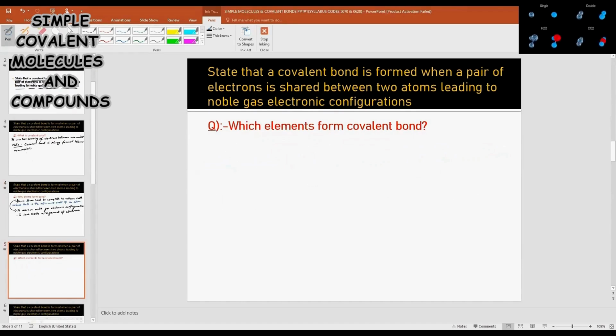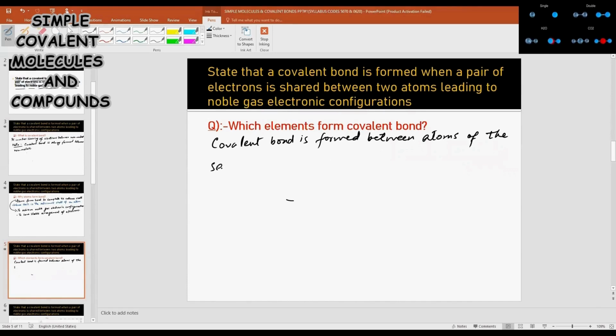Which elements form covalent bonds? A covalent bond is formed between atoms of the same or different non-metals.